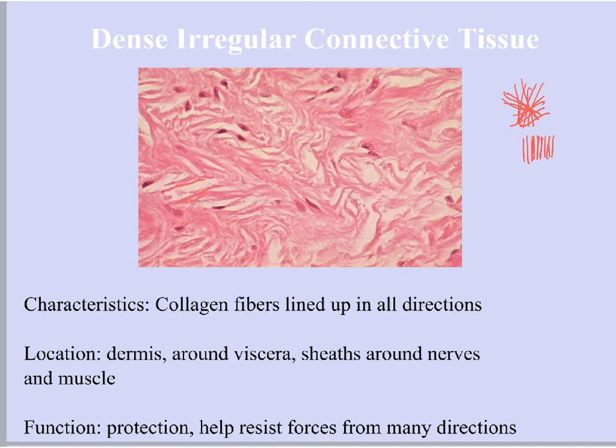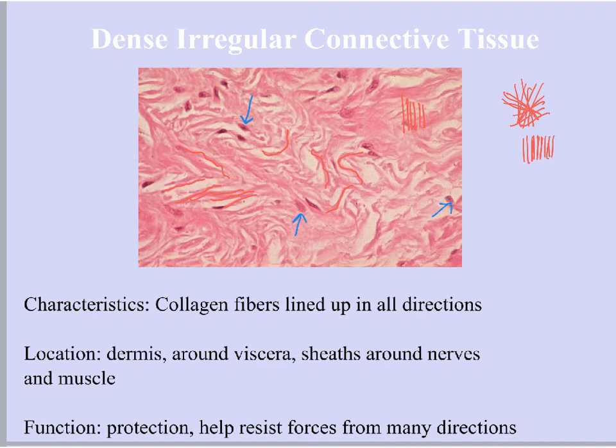I hope you can see my red pen over the pink there. Some of these are going in this direction, some of them are going in this direction, some of them are almost in a squiggly direction. And then the fibroblasts, which have to be present because fibroblasts make the fibers, you can find scattered throughout the tissue.